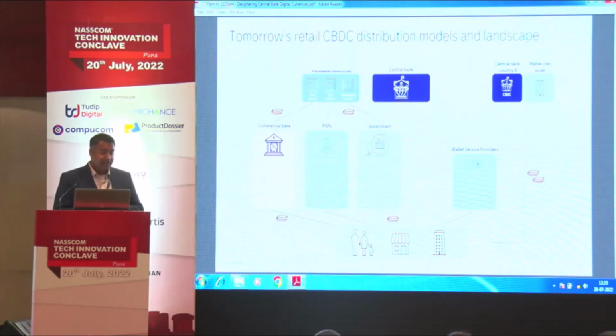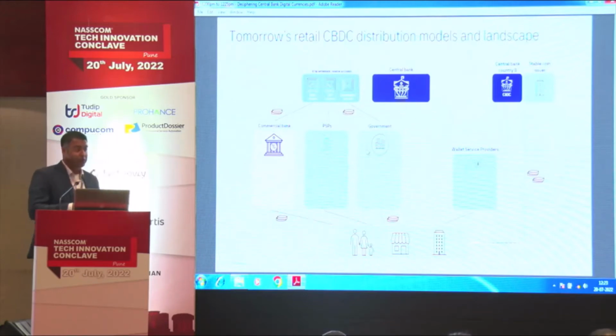For example, countries like Denmark, Norway, Sweden are very close. They all trade in krona, and their value is almost the same, right? So they're also looking at the option of how to create a digital currency framework which would help cross-border payments as well, right? If you have an e-krona from Sweden, you would still be able to use that in Denmark to buy something, right? So that's also a new dimension that has come up.